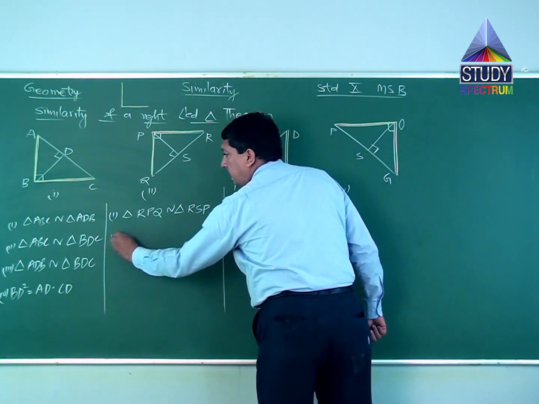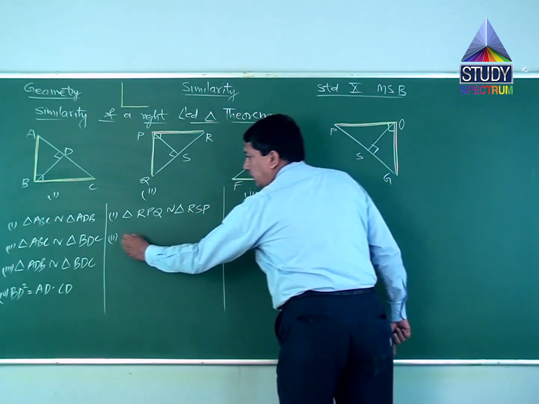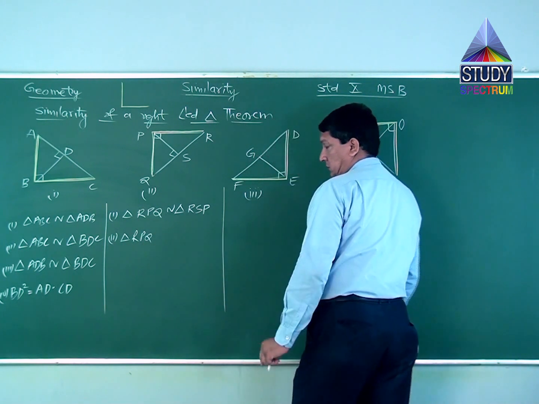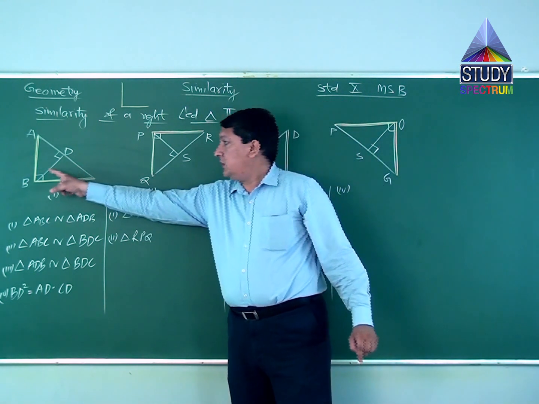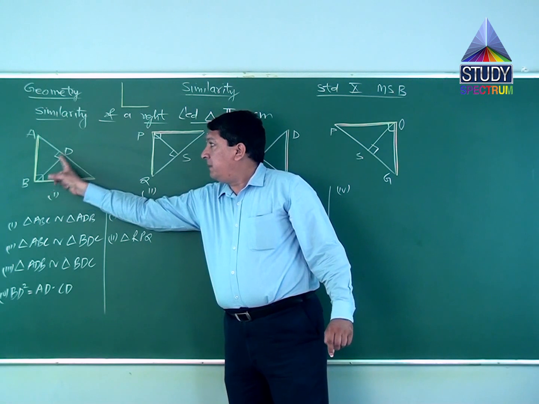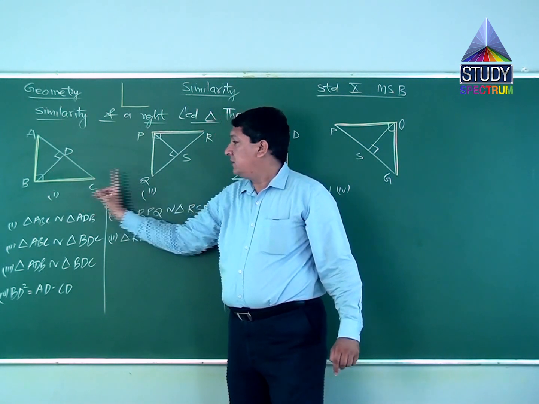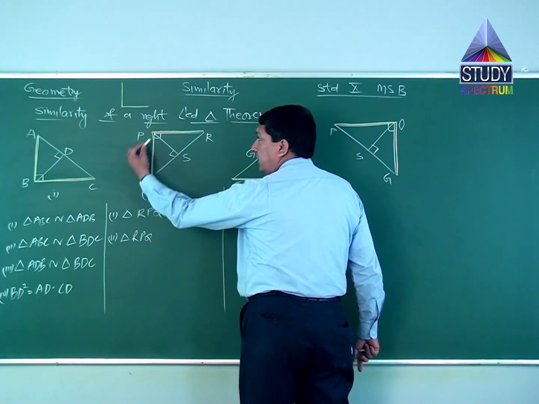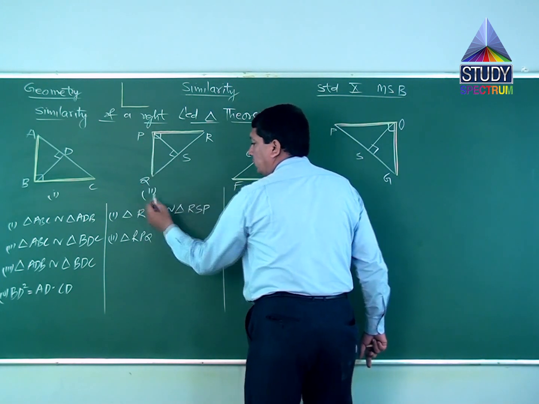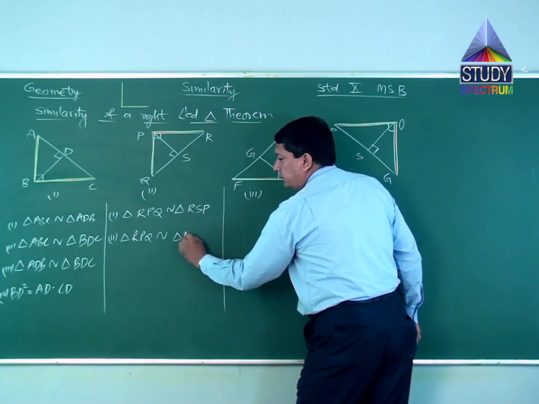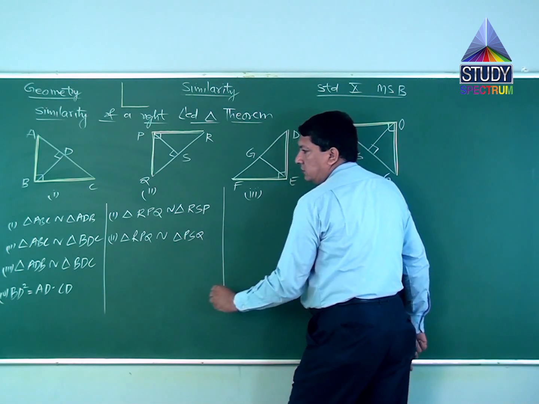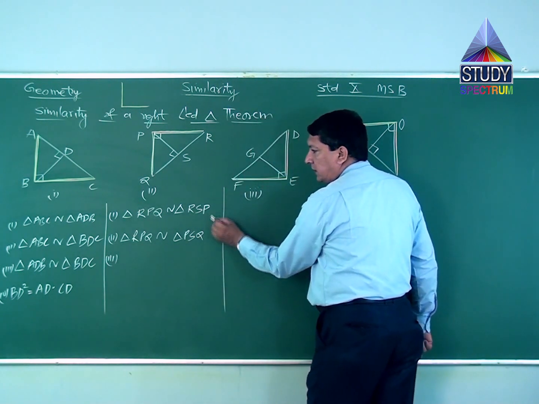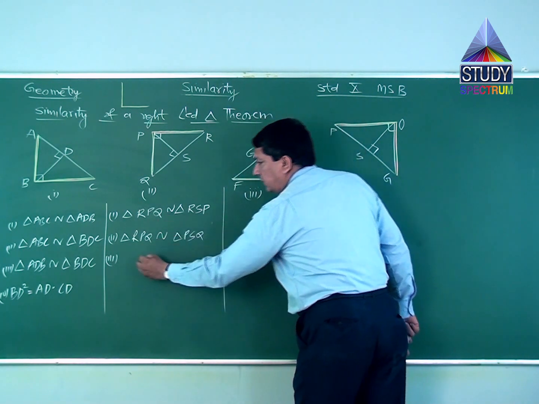Second, triangle RPQ. In the first case, it was triangle BDC, right? Triangle BDC. In this case, it should be triangle PSQ. Third case, these two triangles will be similar because both are this side.